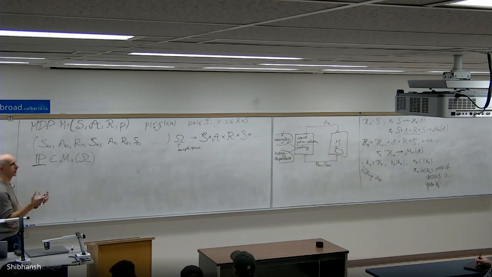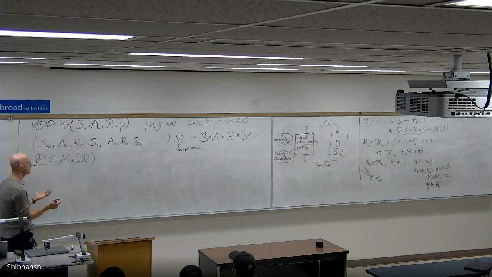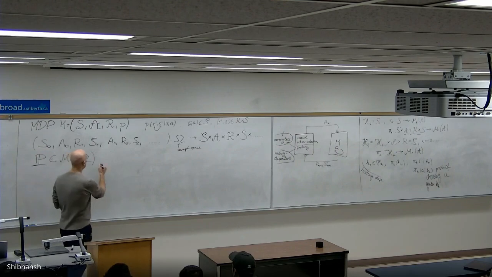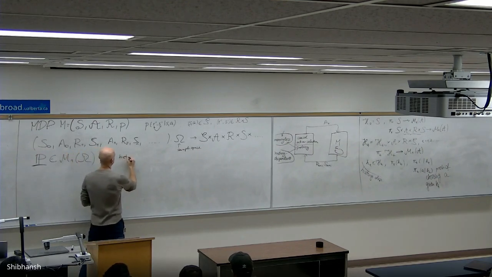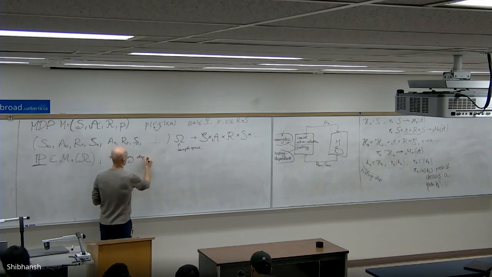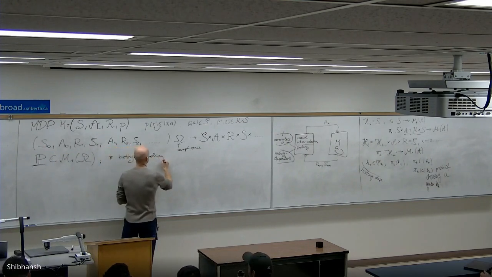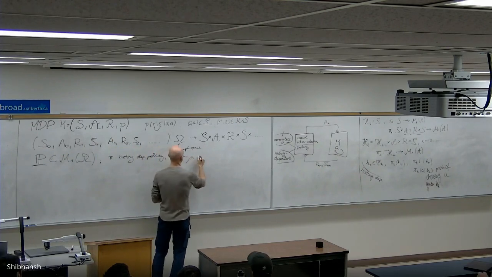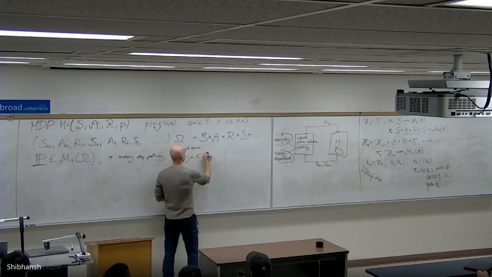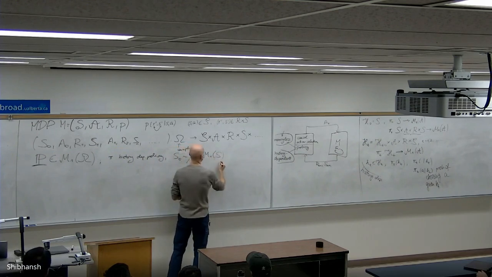What's the first state? Zero state, actually. In general, the zero state could be chosen. So we have this pi, which is a history-dependent policy, and this S naught could be chosen from some distribution over states.